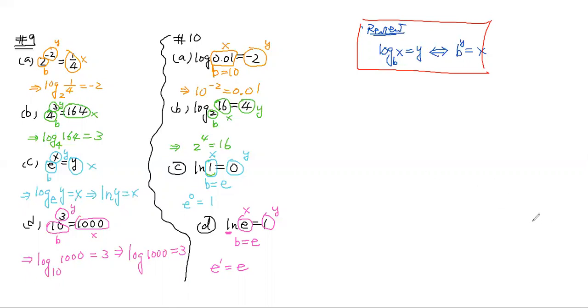Okay, so now let's take a look at number 11 here. For number 11, they tell you to change that using the logarithm, to write the expressions as sums, differences, or products, in the simplest terms. So let's take a look at this one.